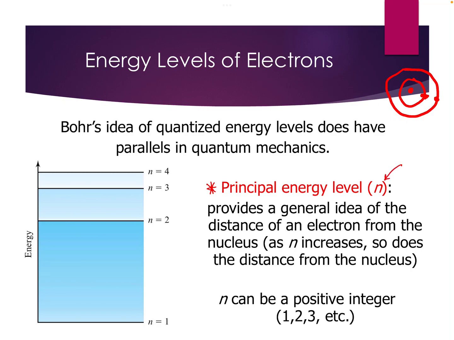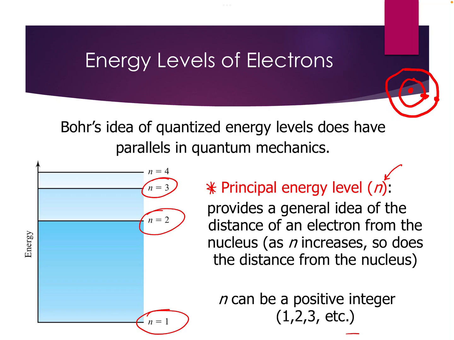And you see that N again that I was talking about earlier. This N, or principal energy level, gives you an idea of the distance the electron is from the nucleus. If N equals 1, then that electron is going to be closer to the nucleus than N equals 2 or N equals 3. Remember, those N's get larger as the distance from the nucleus increases.